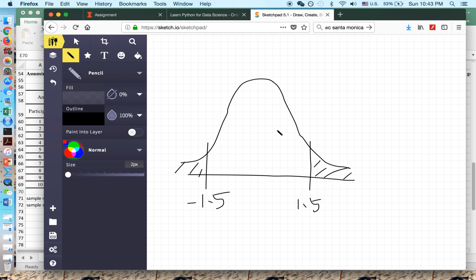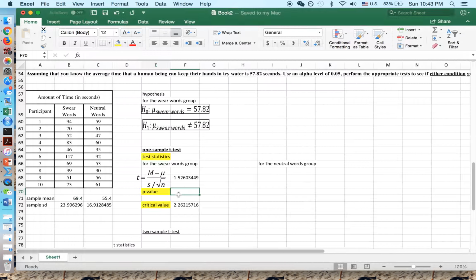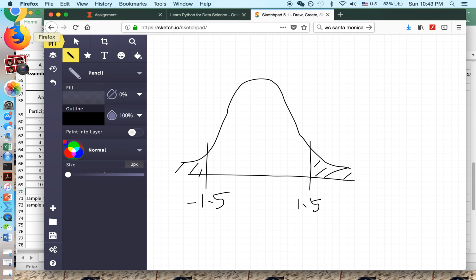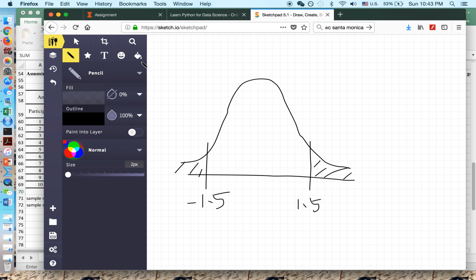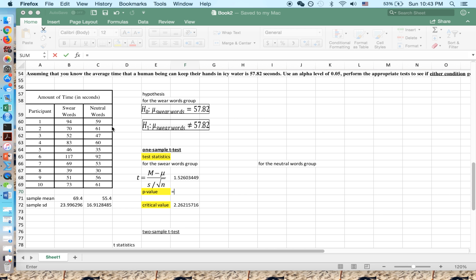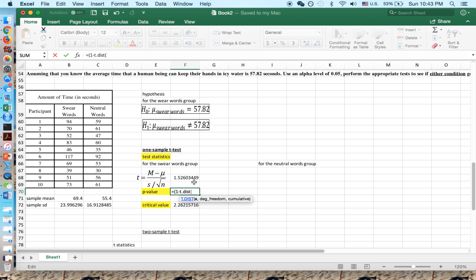We know that Excel always gives us whatever is to the left, and I also know that the whole area under the curve is going to be 1, right? And then we're going to use 1 subtracting the t distribution.